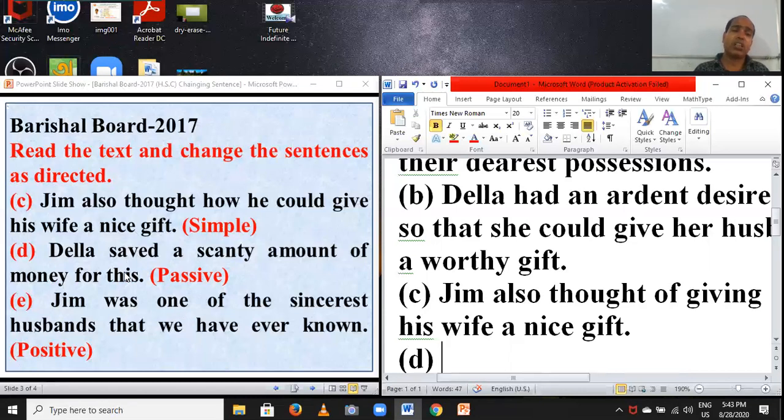Dear students, there is no auxiliary verb in this sentence. So this sentence may be B1, B1 plus s, or B2. Students, the subject is Della and it is B2.